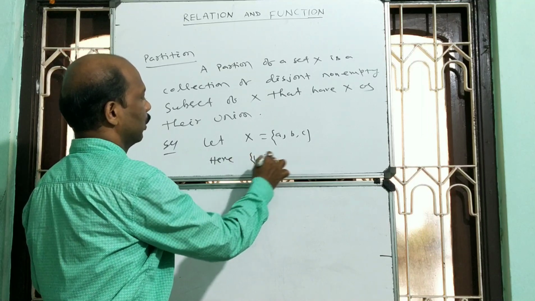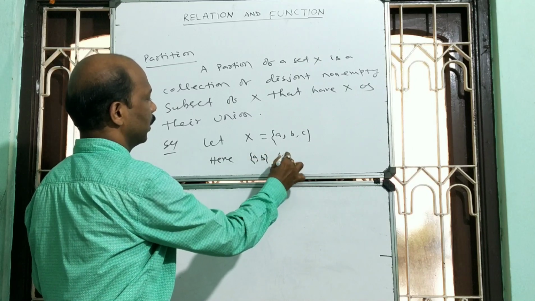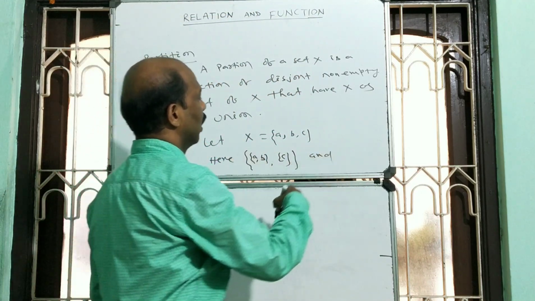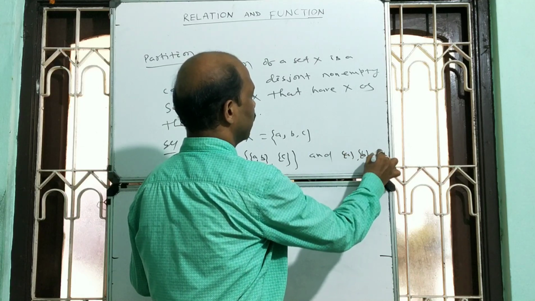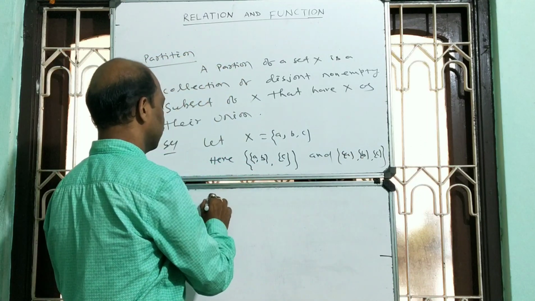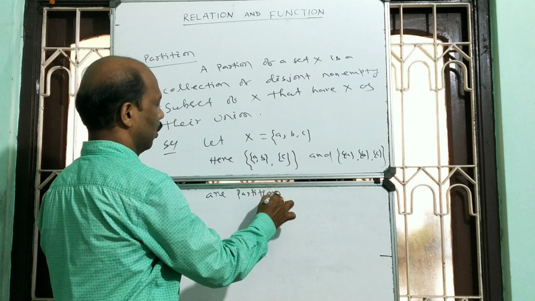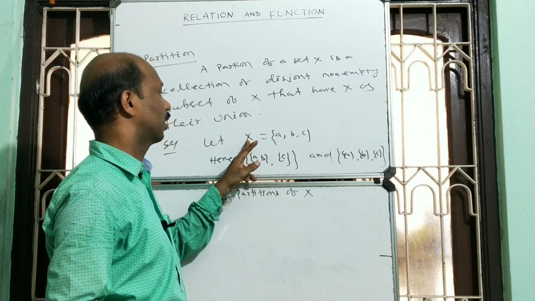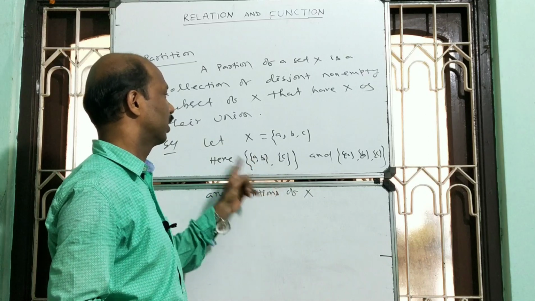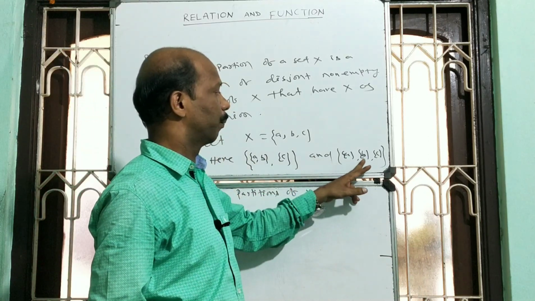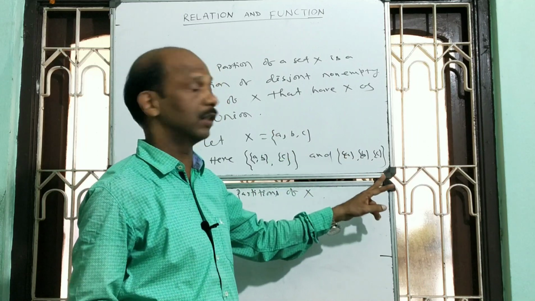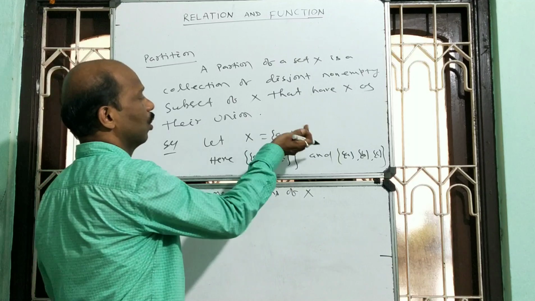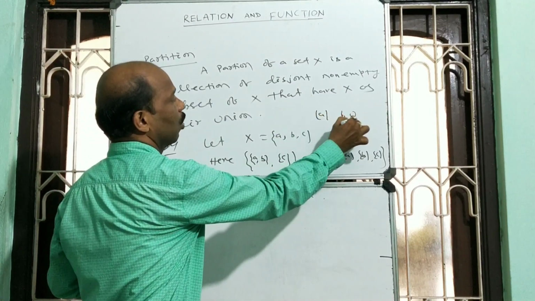Here {a, b}, {c} is a partition of X, and another, {a}, {b}, {c}, is also a partition of X. Partitions of X means here {a, b} is a subset of X, {c} is a subset of X, and their union is equal to capital X. Here {a} is a subset of X, {b} is a subset of X, {c} is a subset of X, and their union is X. So these are partitions.